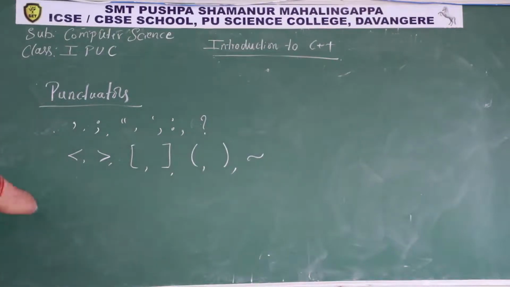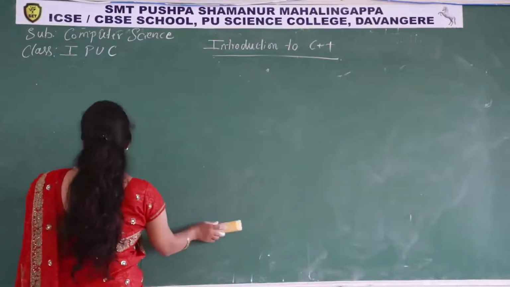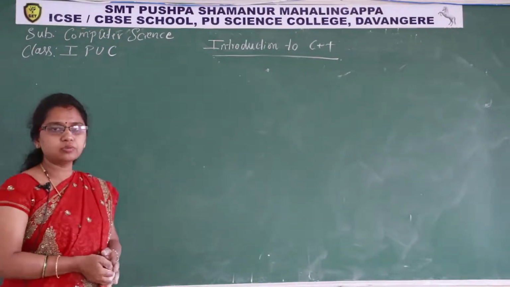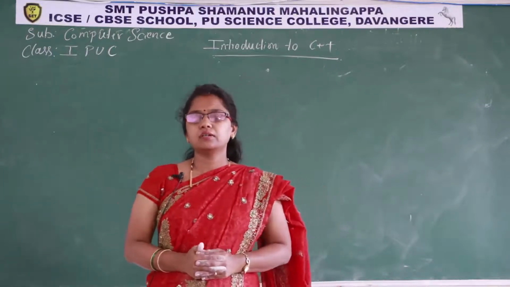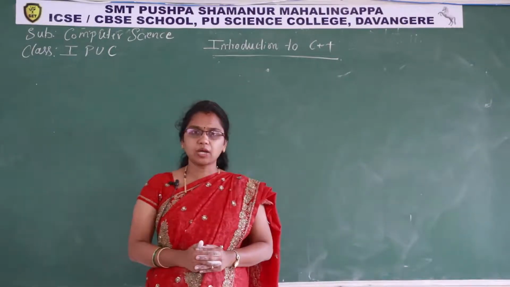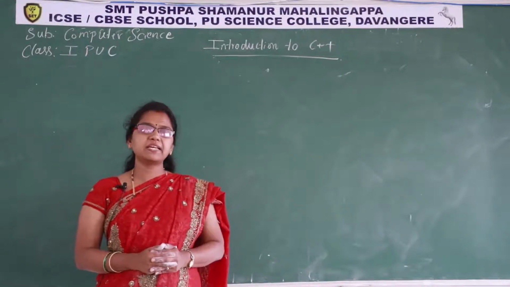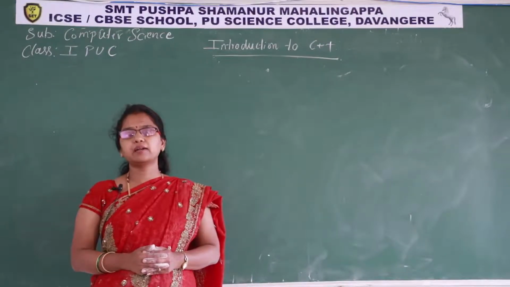Next, so almost we have covered this chapter, introduction to C++. Some programs we discussed in this chapter. Those programs included basic data types, isn't it? int, float, char, double.